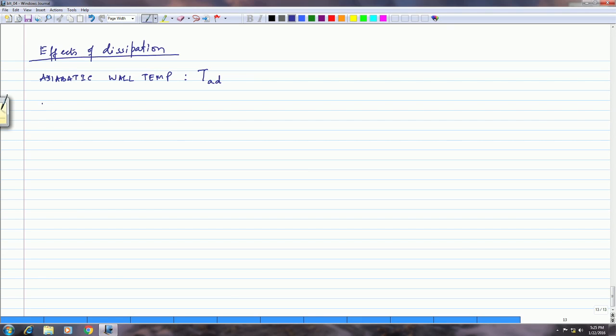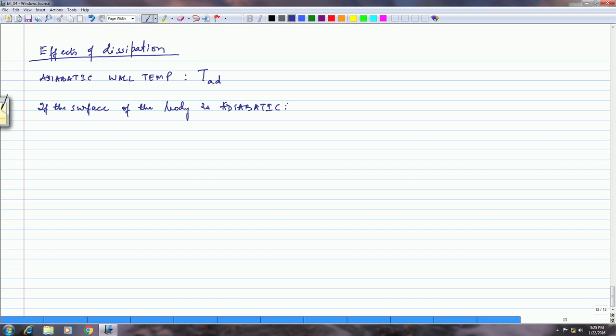Now the point is, if the surface of the body is adiabatic, I think you understand what we mean by adiabatic. Before I do that, maybe I should write what I meant by dissipation. Okay, fine, we'll do that. If the surface of the body is adiabatic, what does that even mean?